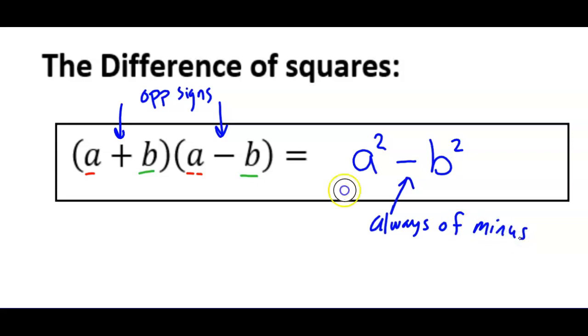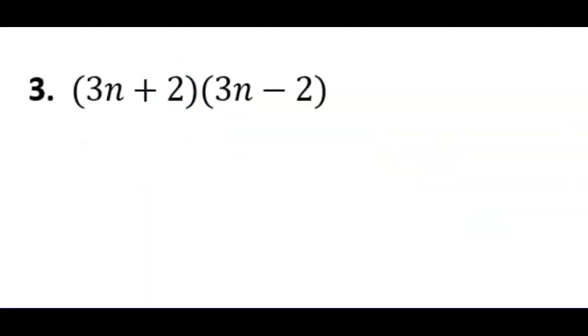So as long as all of these conditions are true on the left side, I can simply square my first term, square my second term, and put a minus sign in between. Okay, so let's look at some examples.